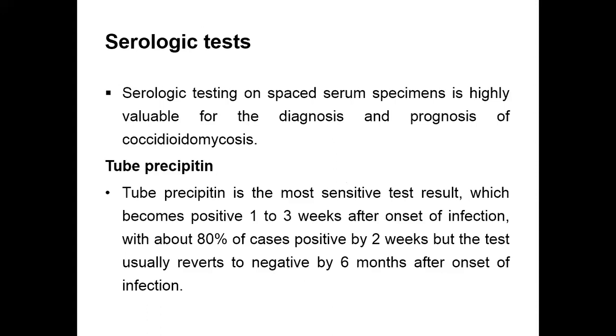But usually, if we do the serological or precipitin test after about 2 weeks, we will not be able to diagnose the onset of infection and the source of infection, right? So we will not be able to identify whether it is a true infection with the imitative strain or not.